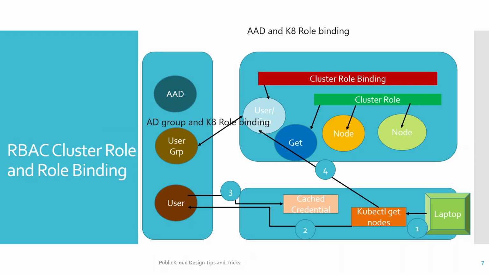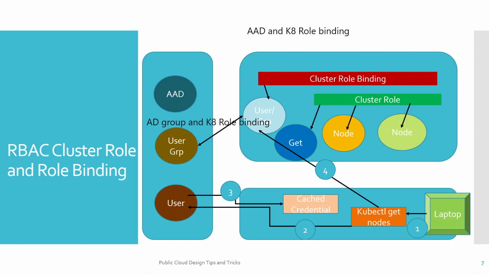Now you can compare these steps and align them with this diagram. The left side is the user and Active Directory. We are creating a group within Azure Active Directory, and we are also adding a user to that user group.